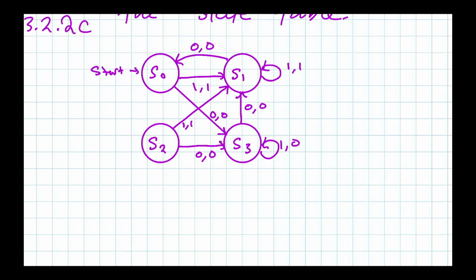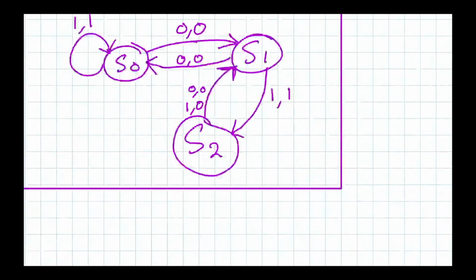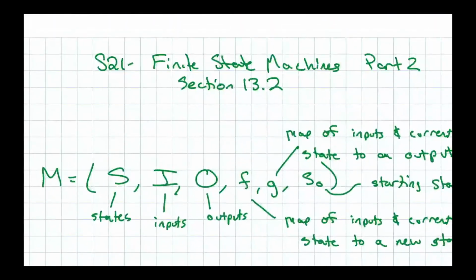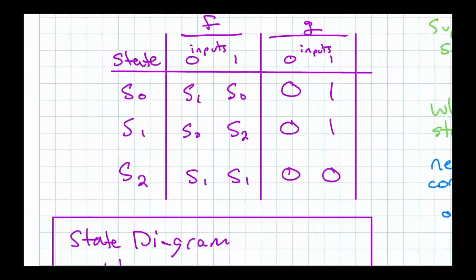Now, by convention, though, you'll notice that in the definition here, way up here, they say S0 is the starting state. So technically, your states could be called something else, and then you assign one to be S0. But if you're using the names S0, S1, S2, then you must have decided that S0 was the starting state already.